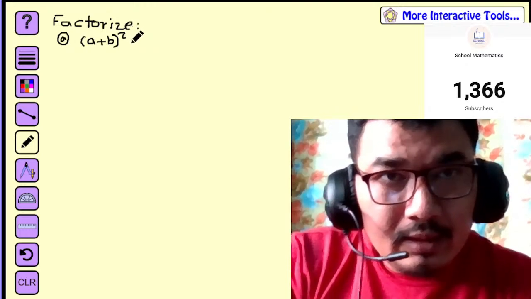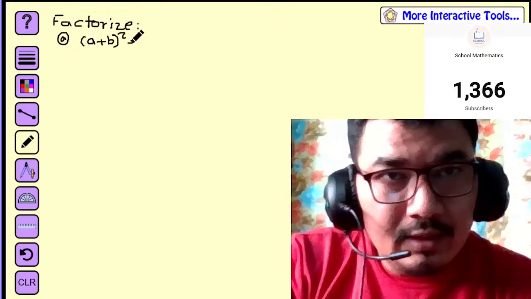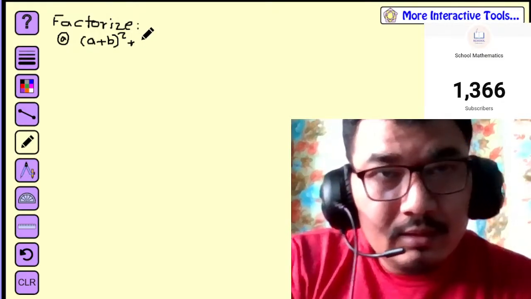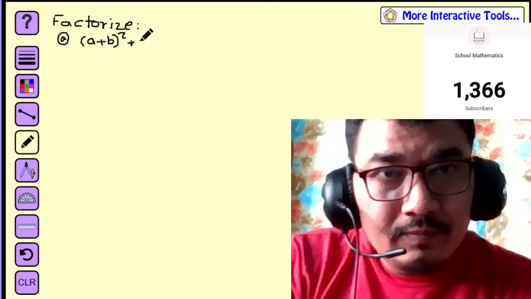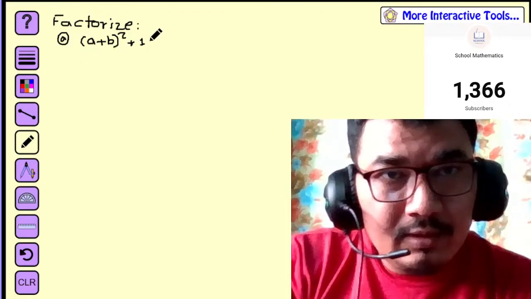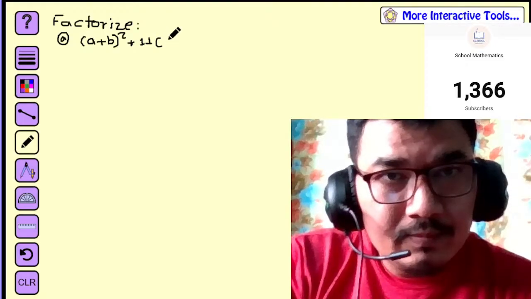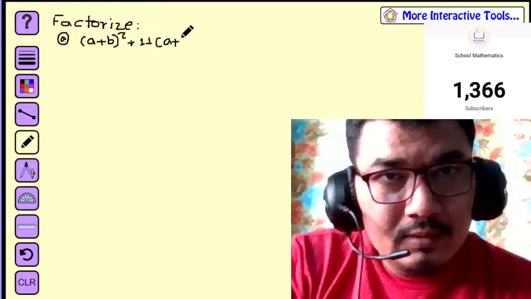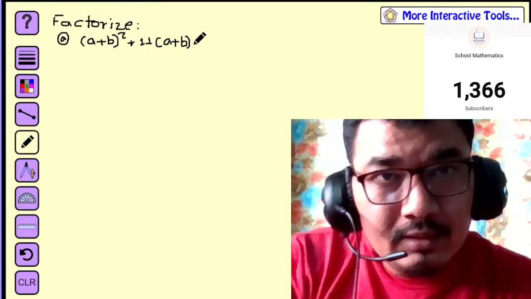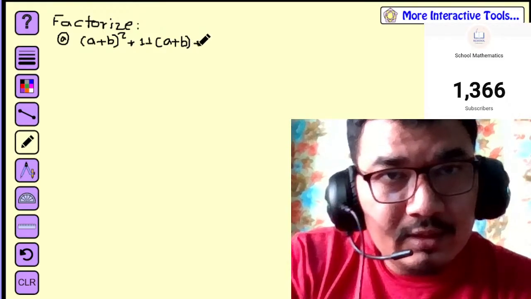Okay, and there is given plus sign here, and here is 11. Then inside the bracket there is given a plus b, bracket is closed, and then the last term there is given here 18.